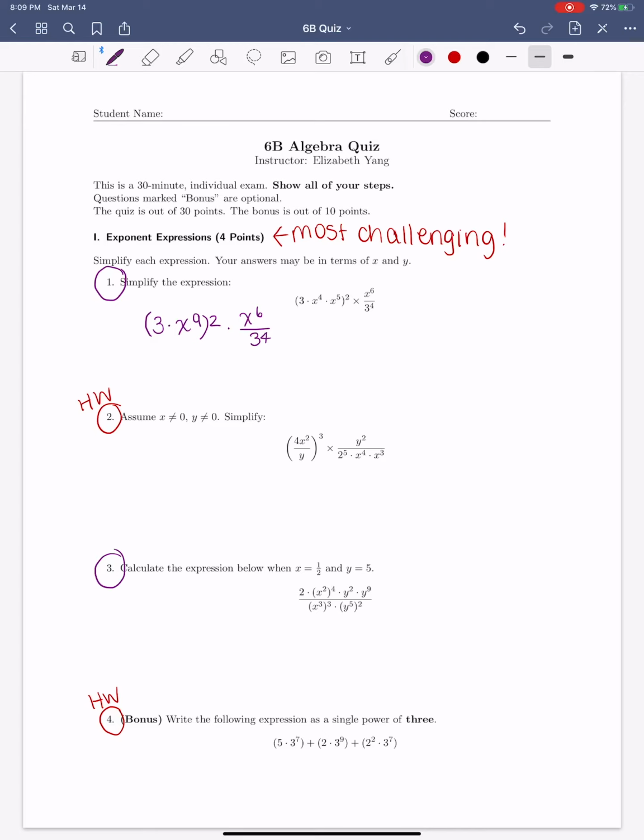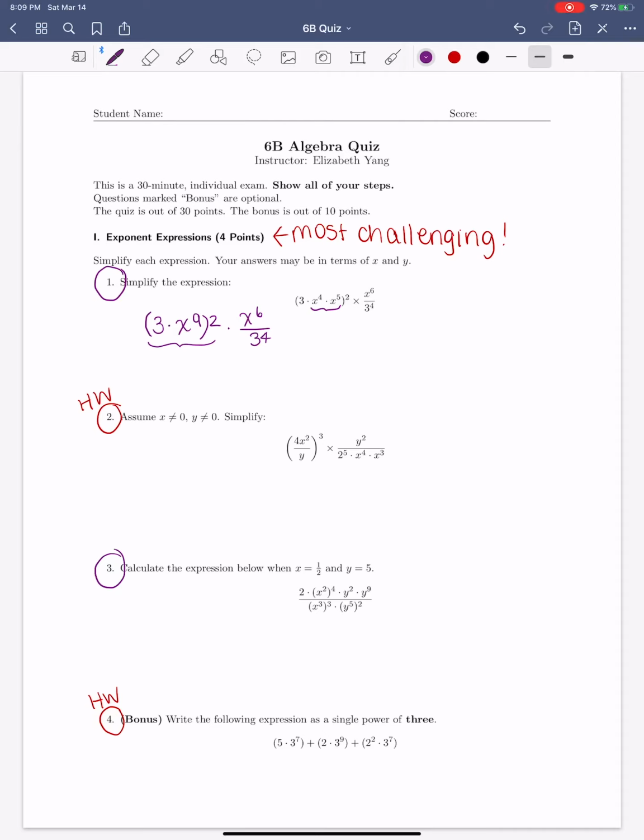At this point, I can also replace 3 to the 4th with 81, but I don't want to do that just yet because we have more factors of 3 hanging around, and I can try to cancel things out. So I'm going to leave the 3 to the 4th for now. So this is the first simplification. The next thing I want to simplify is this over here, where we're raising this whole quantity squared.